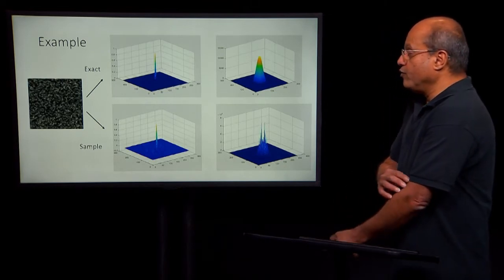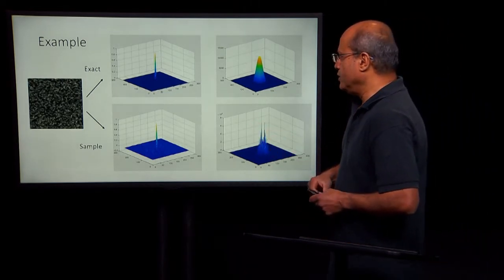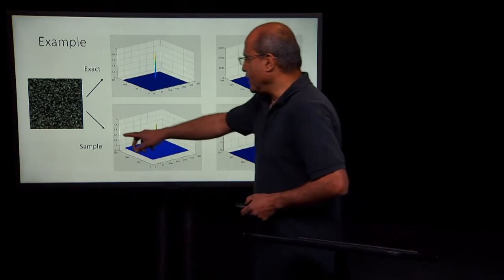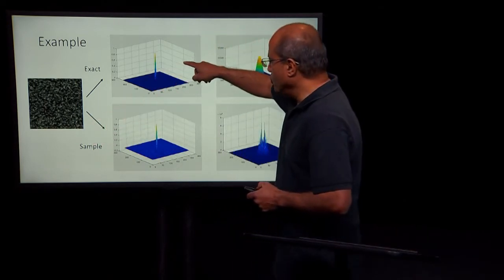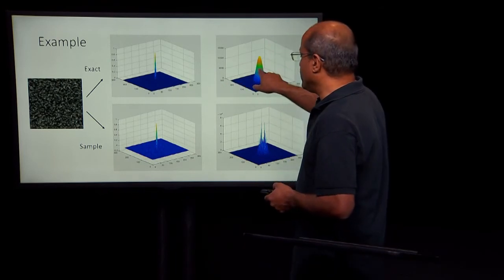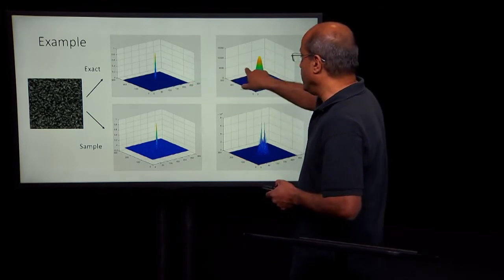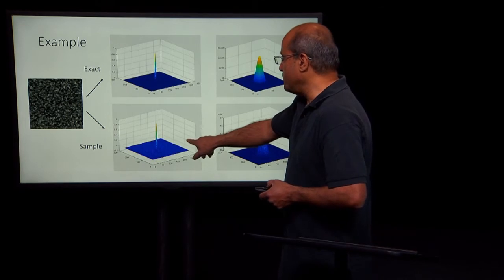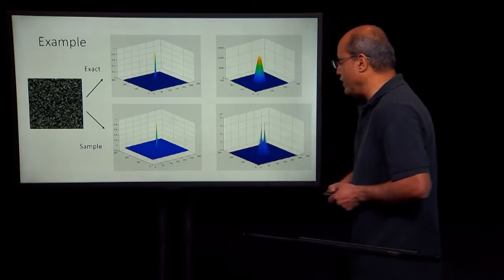So we know this looks like a decent approximation to that, but what's the relation of this to that? And that's shown here for that example I had on the previous slide. So again, that's the noisy image, the true autocorrelation, the sample autocorrelation, and now the true spectrum, which is the magnitude of its Fourier transform, and the sample spectrum, which is the magnitude of this Fourier transform.